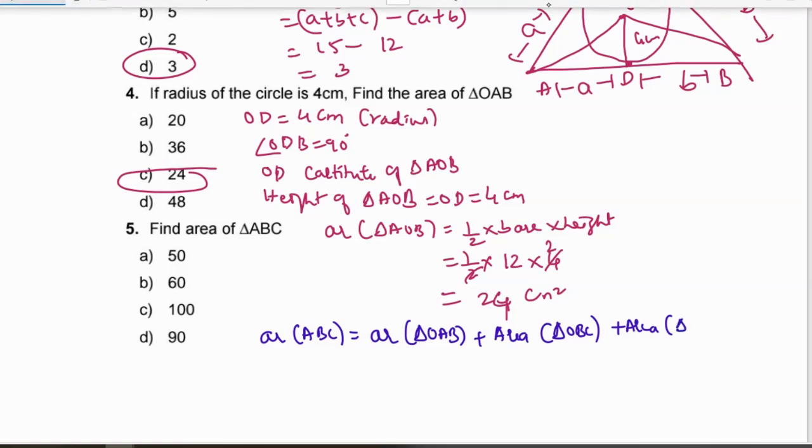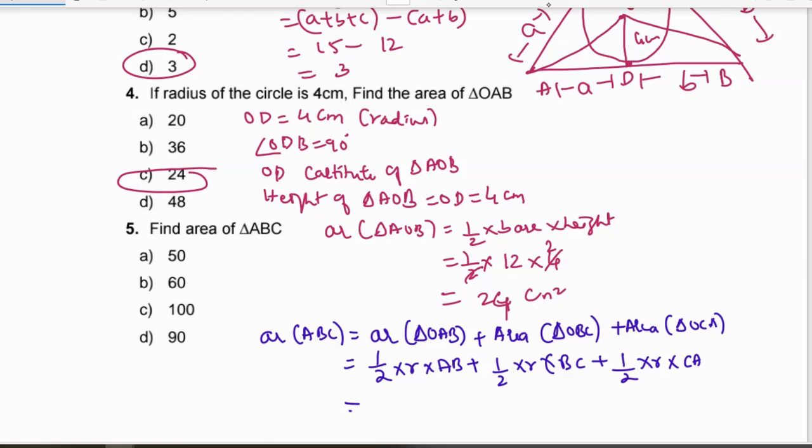triangle OCA. So now area formula is half into radius into AB, plus half into radius, radius is same, into BC, plus half into radius into CA.